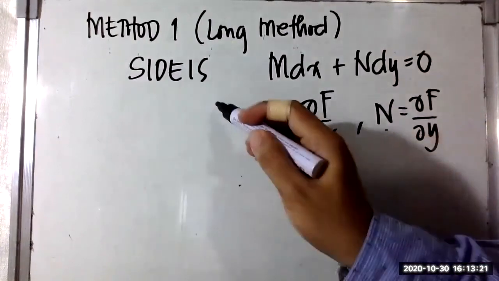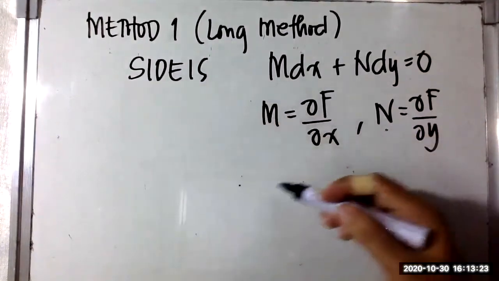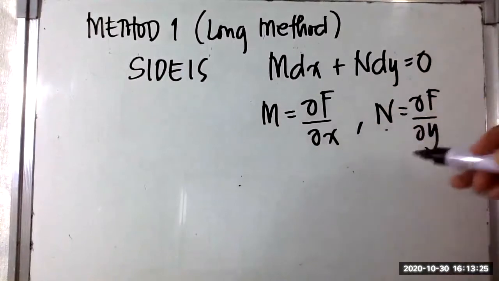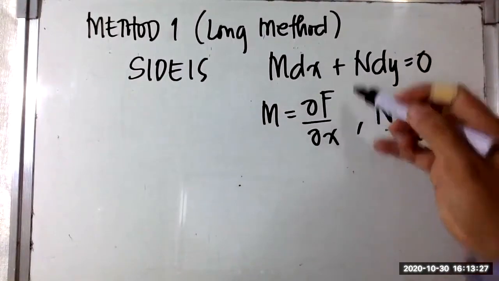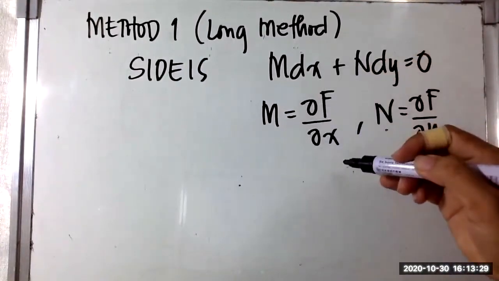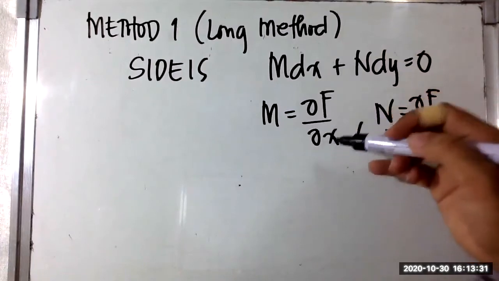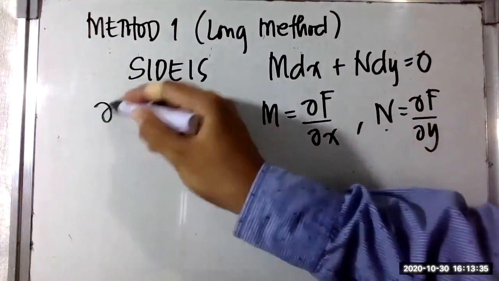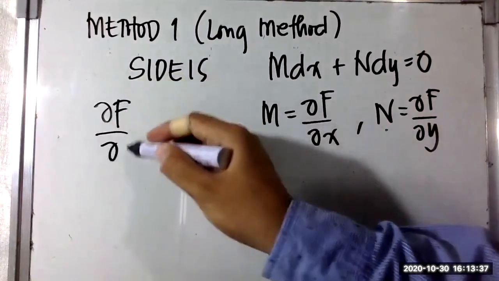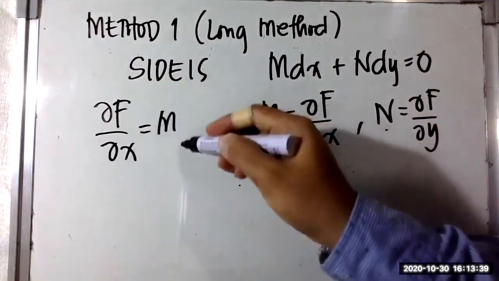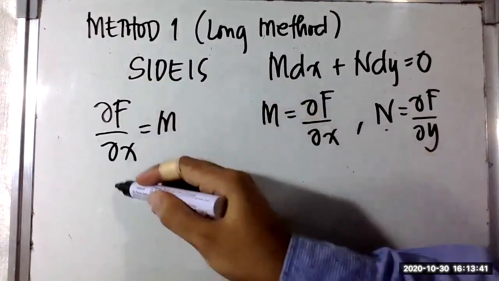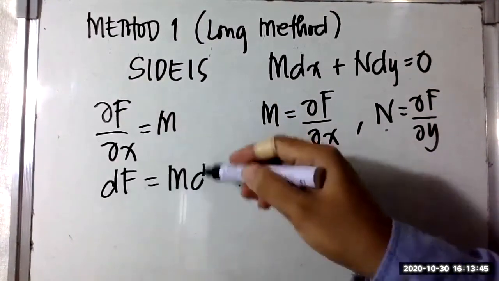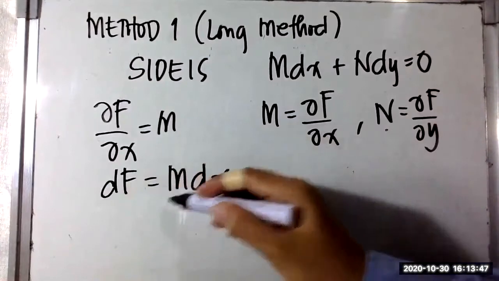So SIDE means you set, so you choose from one of these. You may set the partial of f with respect to x, which is M, as your starting equation, so df equal to M dx.